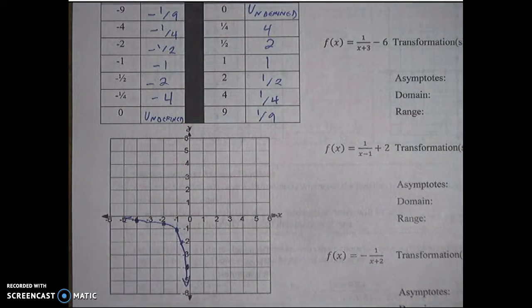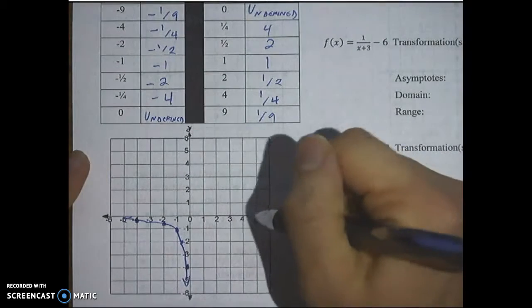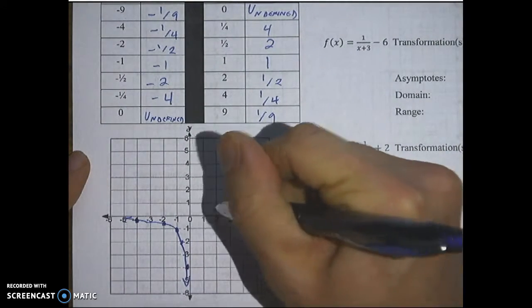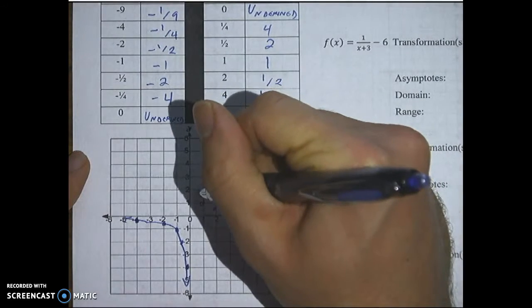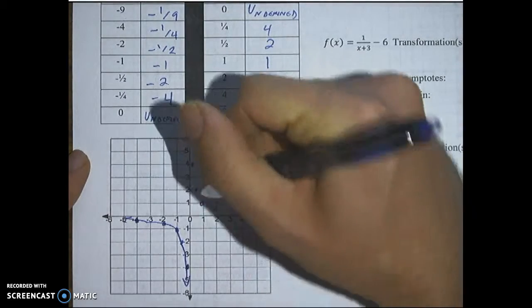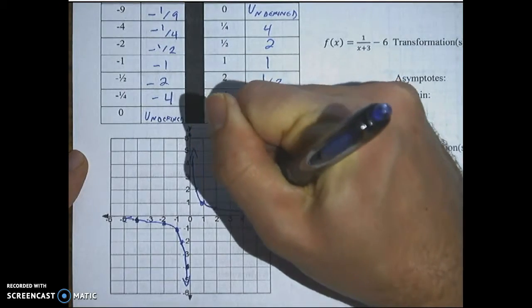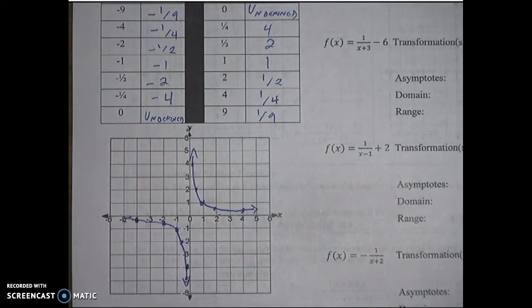We call that asymptotic behavior. Same thing's going on over here, I should say. If I plot those points I just found, I see some more asymptotic behavior. This thing approaches the x and y axes, but they never quite touch it.